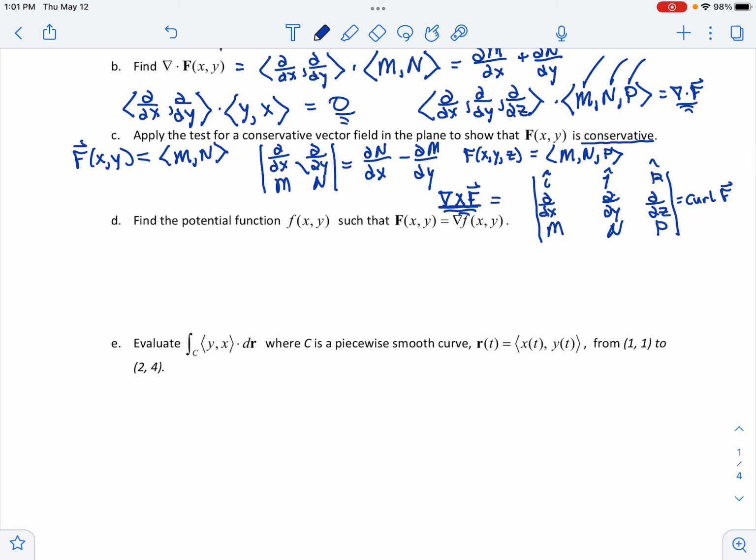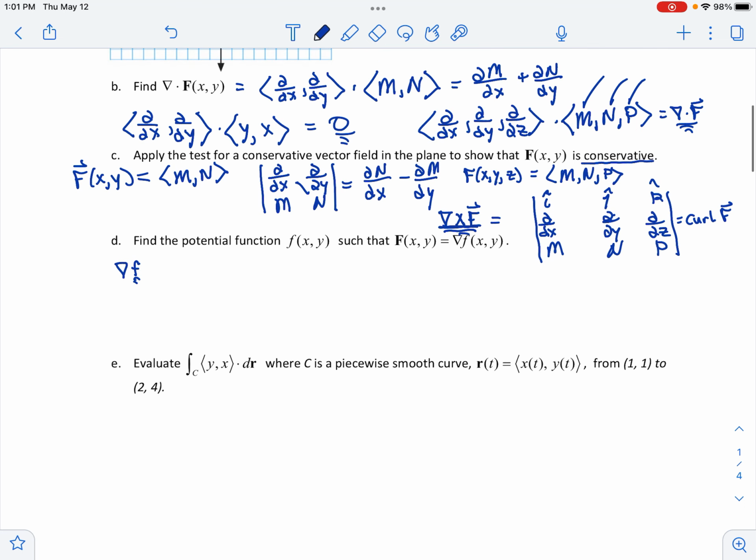So we want to find the potential function. When we say something is a conservative vector field, that means that the gradient of some function creates that vector field. And we refer to that function, that f, as the potential function. So I want to find the potential function.